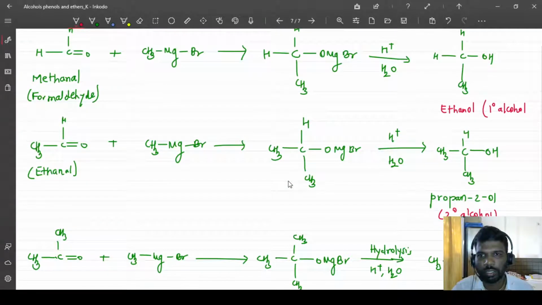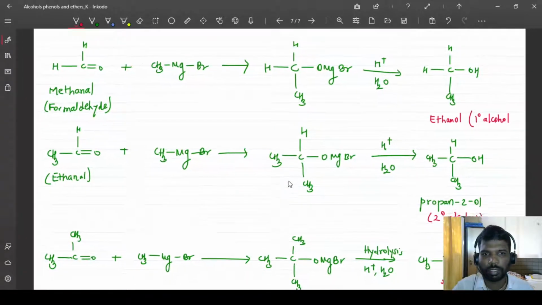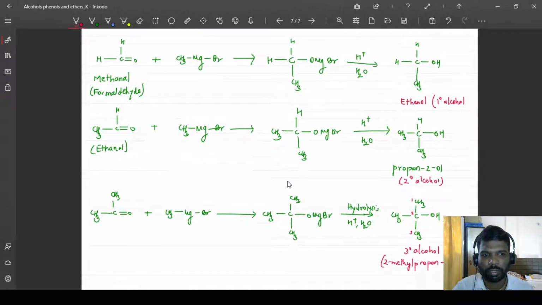Now let us understand the difference. Methanal, the simplest one carbon carbonyl compound, gives the primary alcohol. Any aldehyde other than methanal will always give you a secondary alcohol. And a ketone will give you the tertiary alcohol.